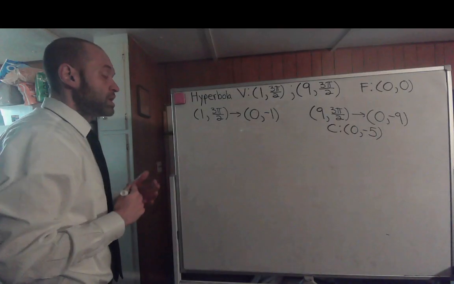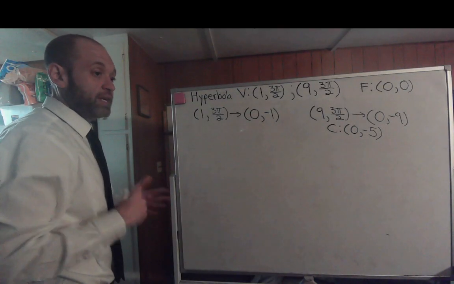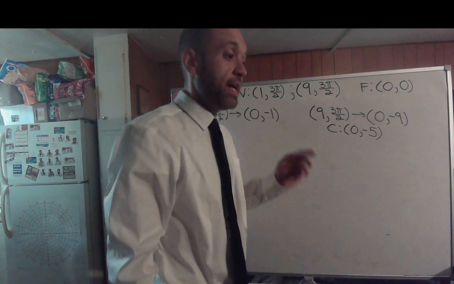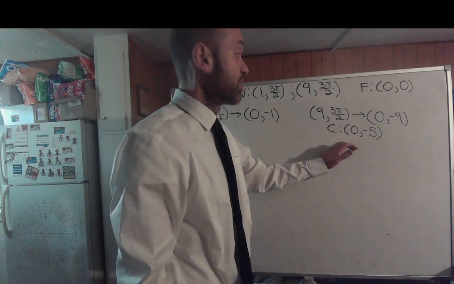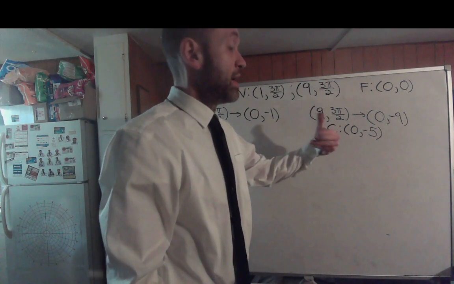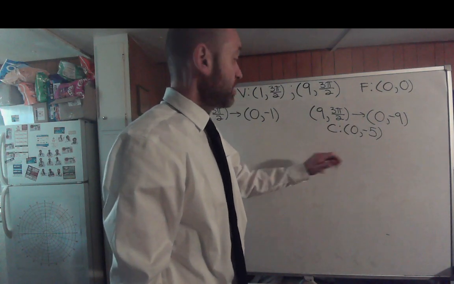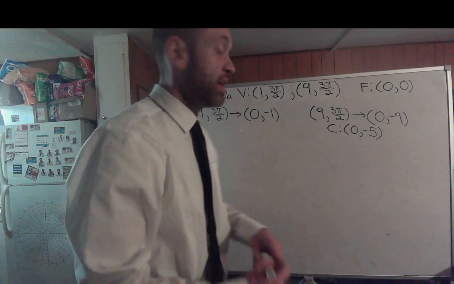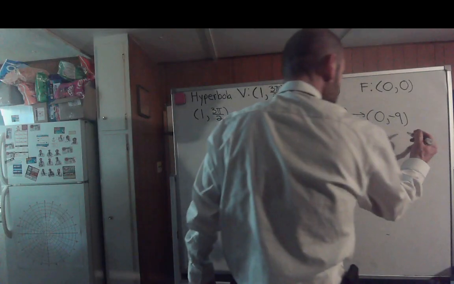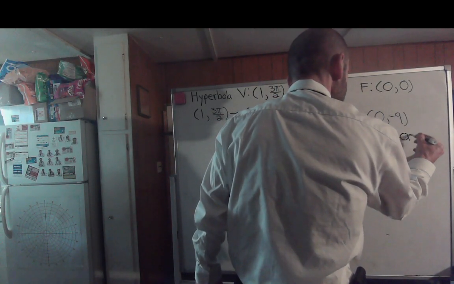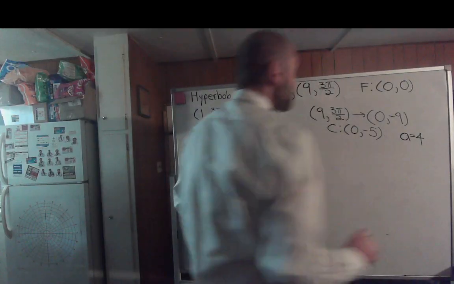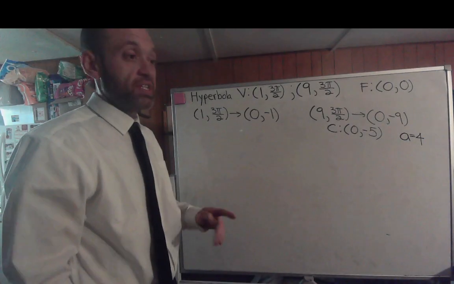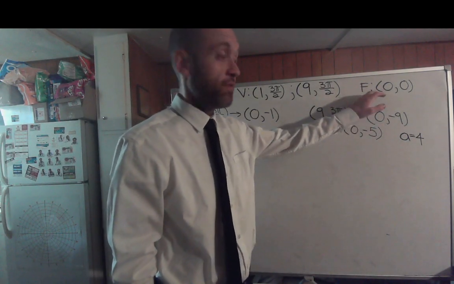Well, we need a couple pieces of information here. Why don't we find a? a is always the distance from the center to a vertex. If we go from a y-coordinate of -5 to a y-coordinate of -9, that's a distance of 4, so a equals 4. Then we want to find c, which is the distance from the center to a focus.